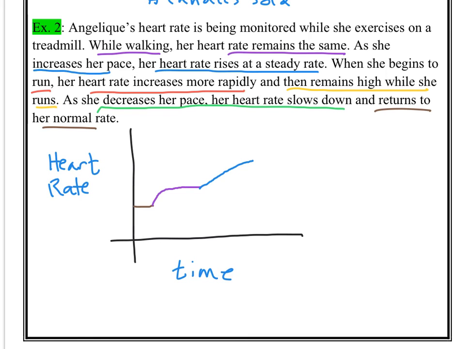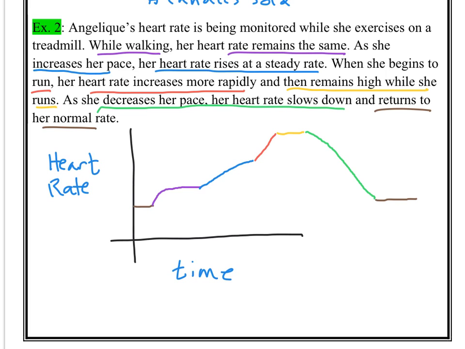And then she starts to run, and as she runs, her heart rate rises even higher, so that's a steeper climb. And then it remains high while she runs. So she continues to run a little bit, and so her heart rate levels off or remains constant. And then she's going to decrease her pace, so maybe she just slows down to a jog, and so her heart rate's going to go down until she returns back to her normal heart rate, whatever that is.